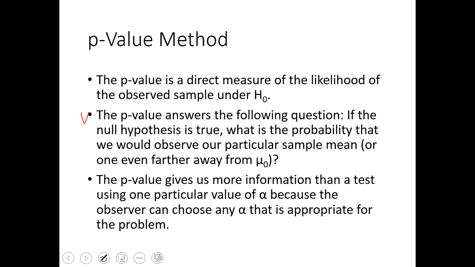The p-value answers the following question: if the null hypothesis is true, what is the probability that we would observe our particular sample mean? Okay. So the answer to this question is the p-value.